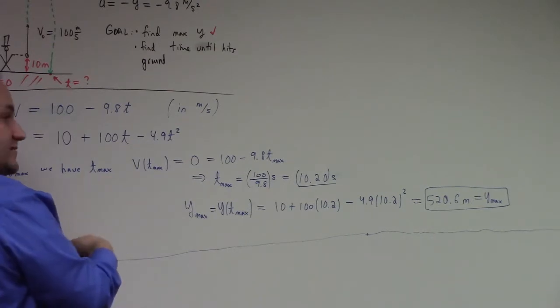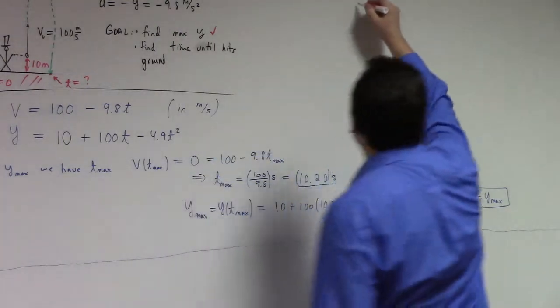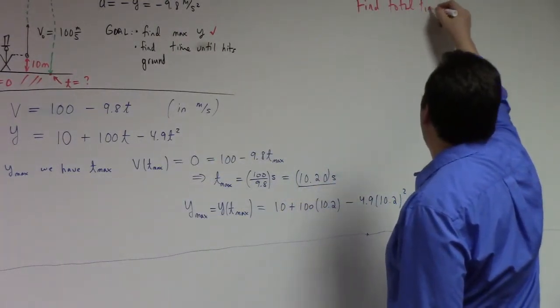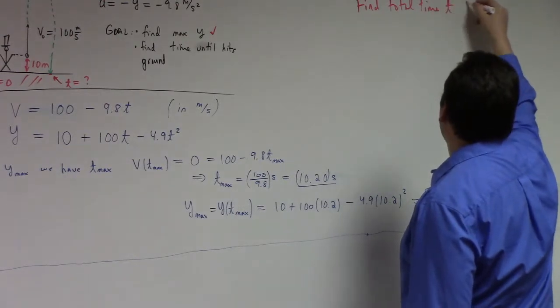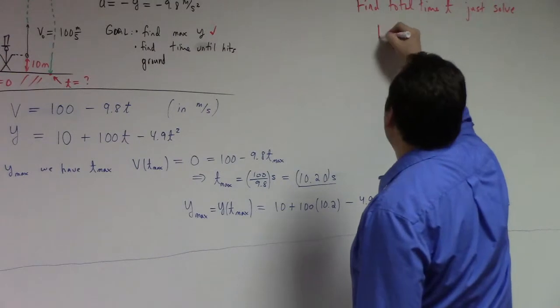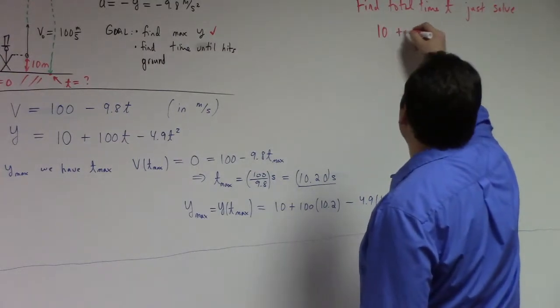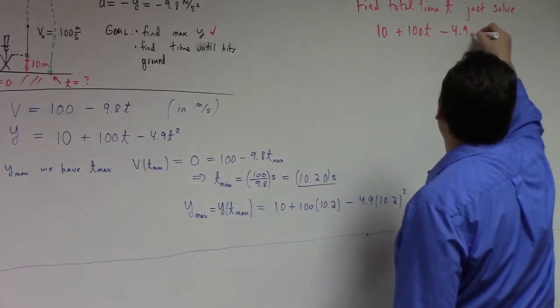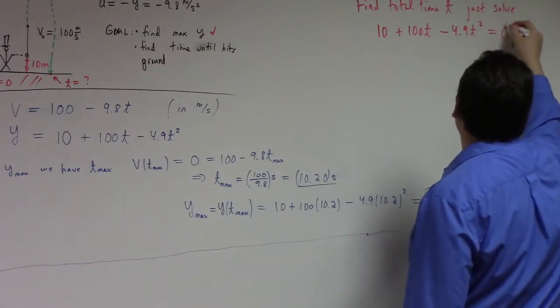So all I really have to do is solve a certain equation. To find the total time t, just solve 10 plus 100t minus 4.9t squared equals 0.